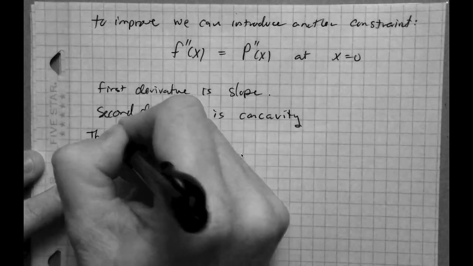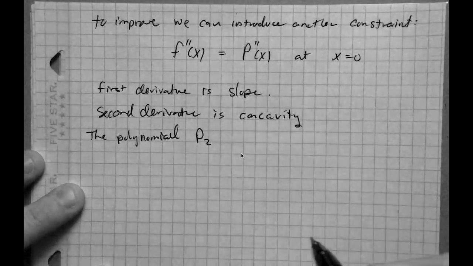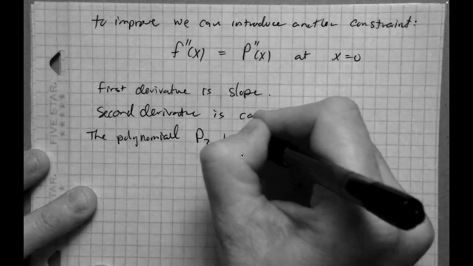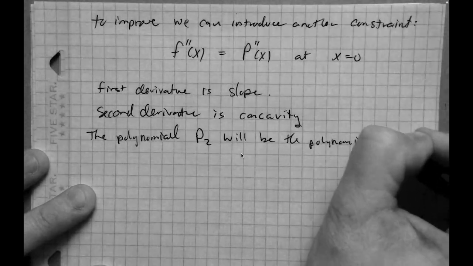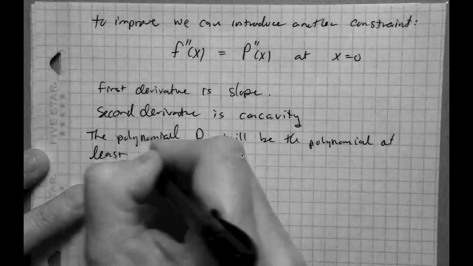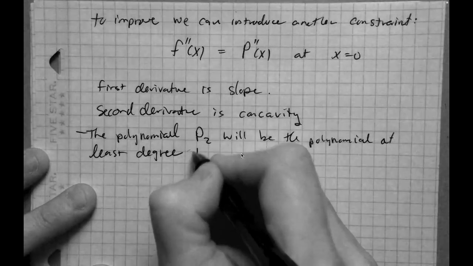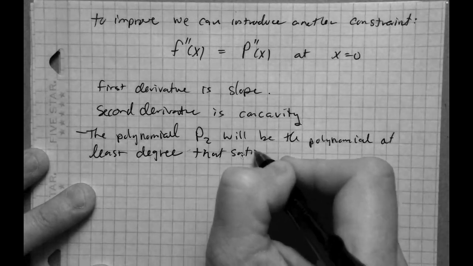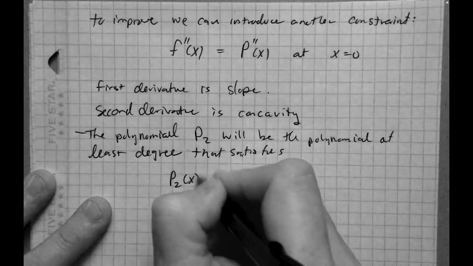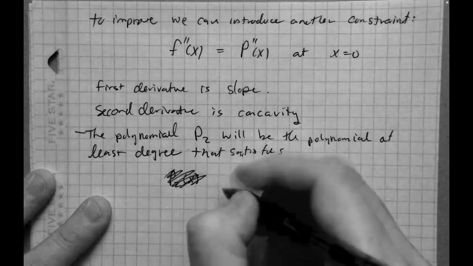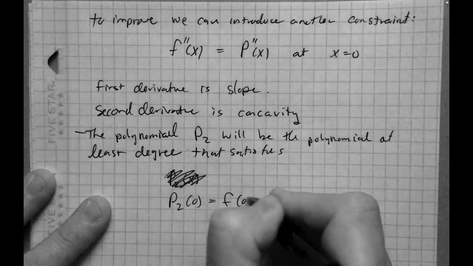So then the polynomial P, we'll call it P2, will be the polynomial of least degree that satisfies, right? So we'll have to have P2 of 0 equals f of 0.